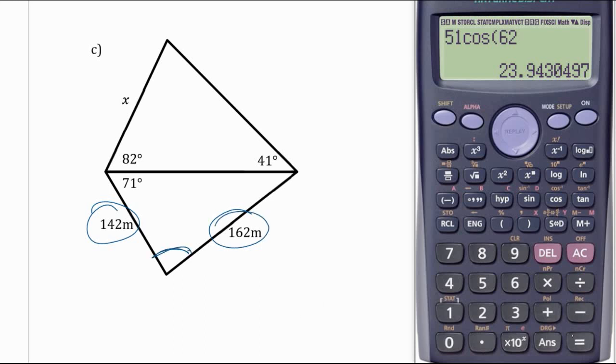Then I could use cosine to find that side length, which we did in the last question, but I don't have that, so that's not what I'm doing. If I had an angle and a side length across from it, and I had this angle, then I could also find that. But I don't have that because I don't have that angle.